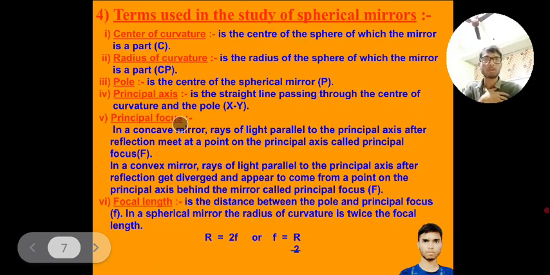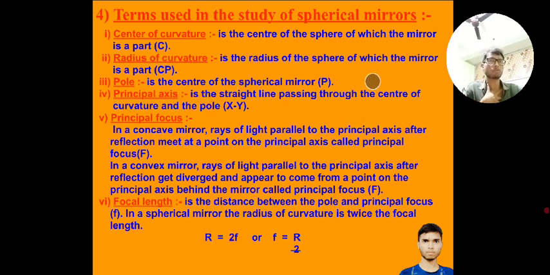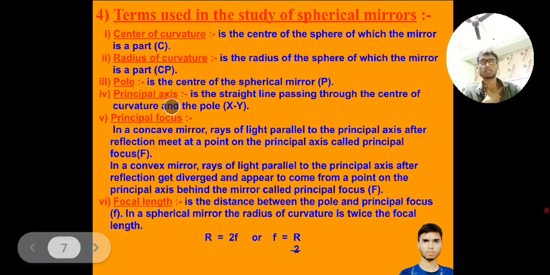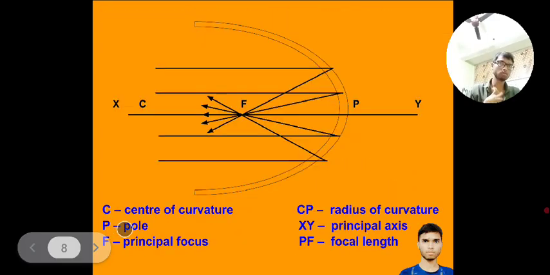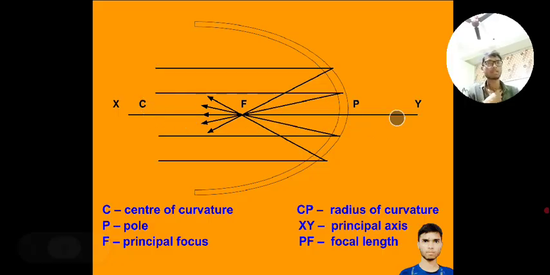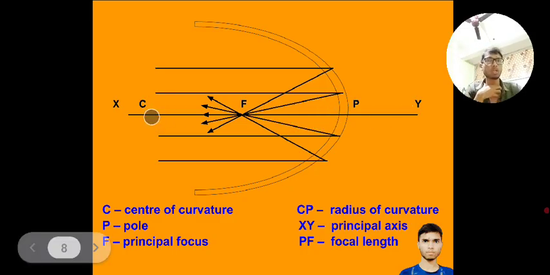Now we have the radius of curvature. It is the radius of the sphere of which the mirror is a part, CP. Where is CP? From here till here, this will be known as CP. This is the radius, from the center till the pole.